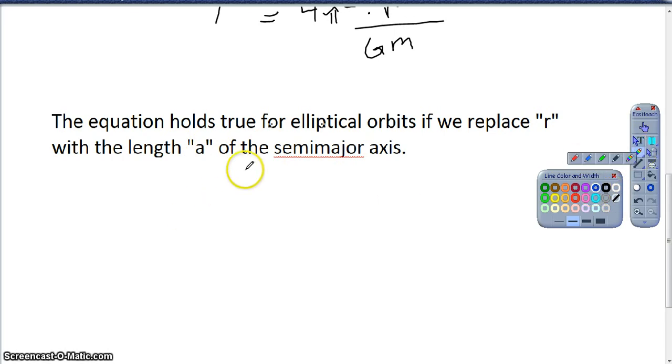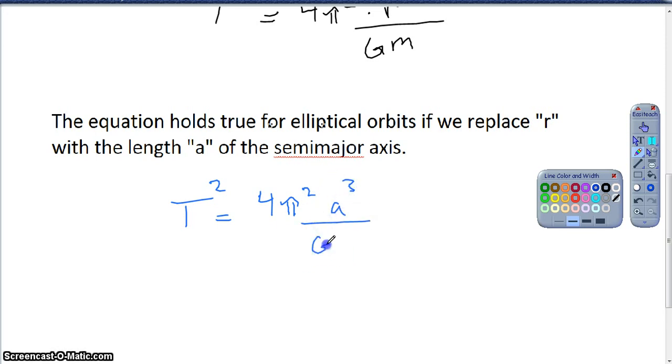So the big one for elliptical orbits is that the period is given by T squared equals 4 pi squared times a cubed over GM. This is why I showed you that little extra section for finding the semi-major axis from an ellipse.